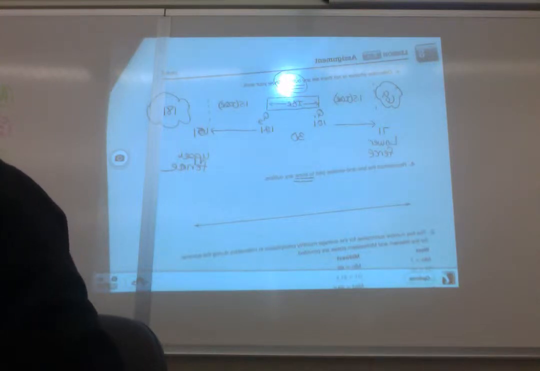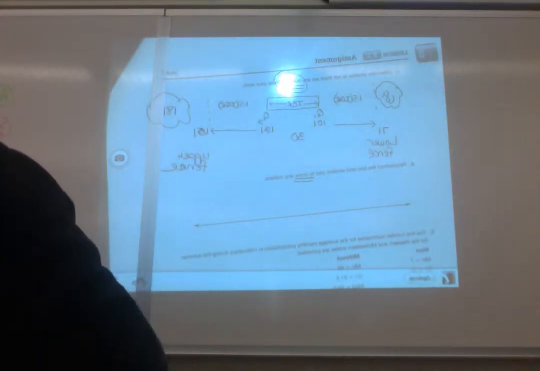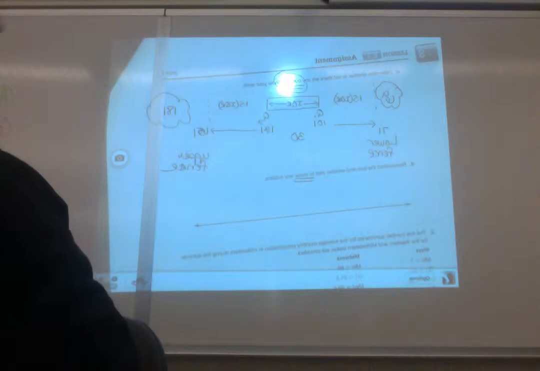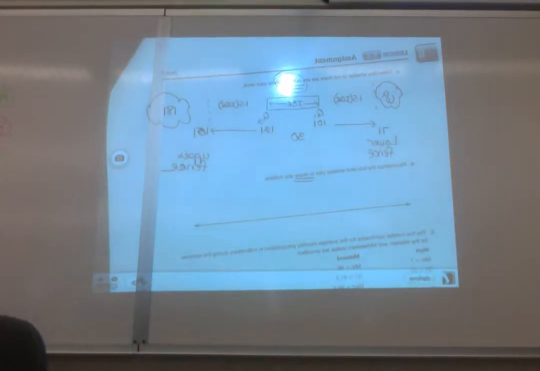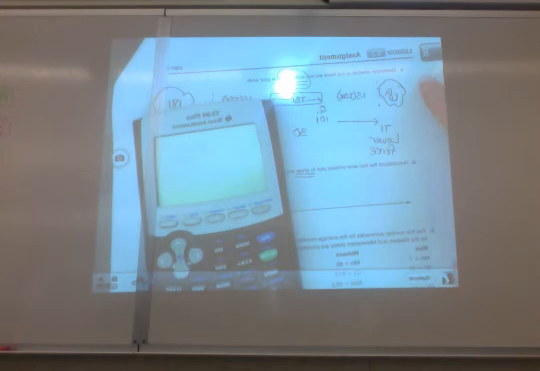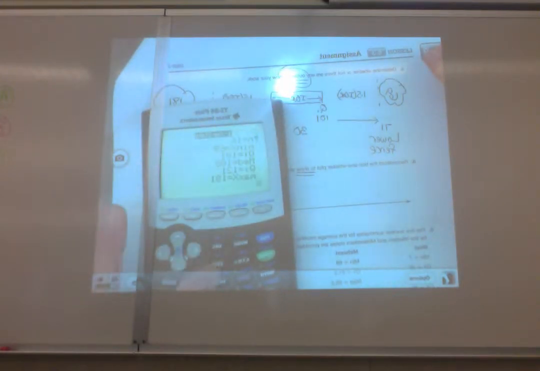Okay. So what they do is reconstruct it without the outliers and put little stars where the outliers are. So here's how we're going to help ourselves do it. Okay, I go back to my list, stat, edit, and I scroll through the list and see that 181.